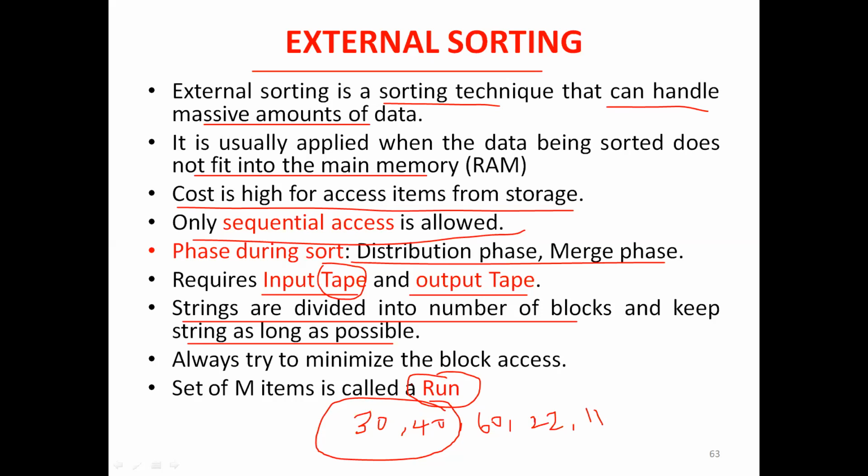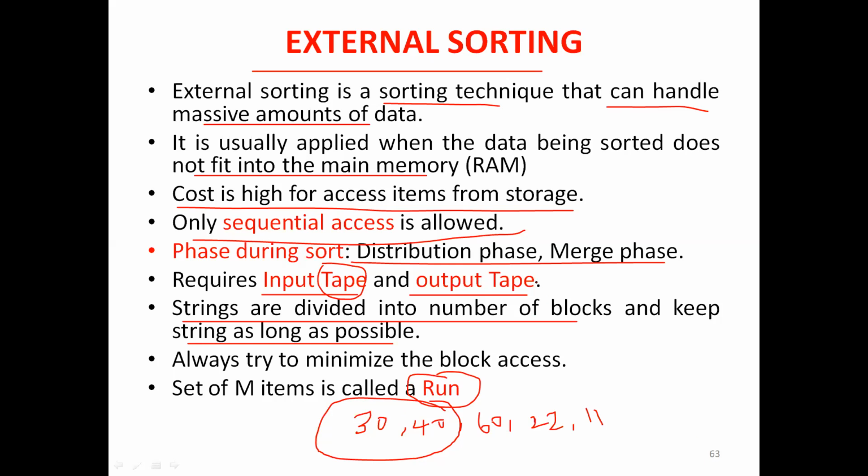Each run can have a number of records. Here the records we can say as blocks, because all the elements in the external storage are stored as blocks. A block can be of size 100 MB or 200 MB, so all the elements are stored in the external storage as blocks.